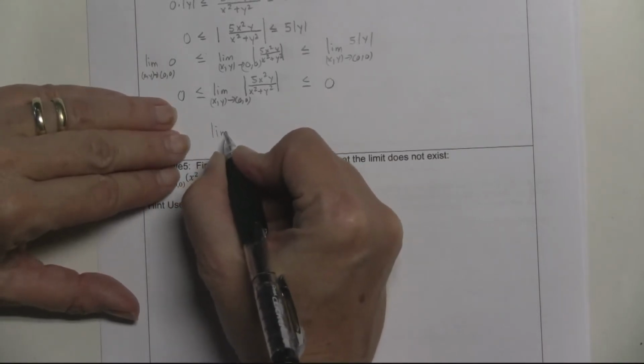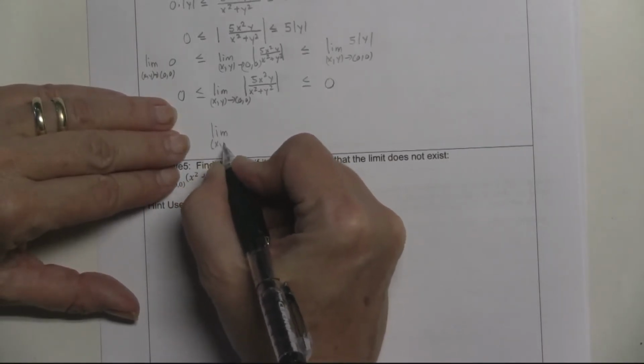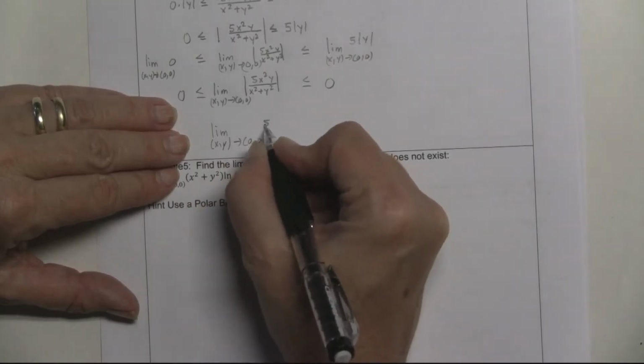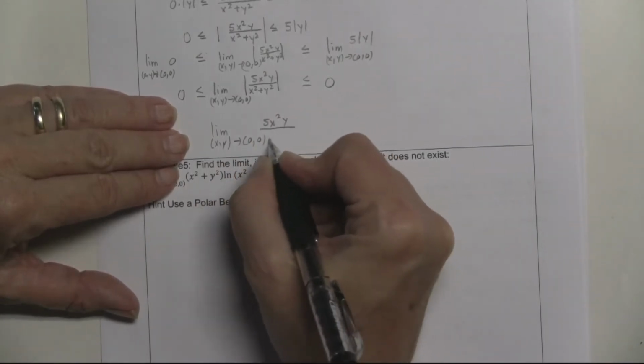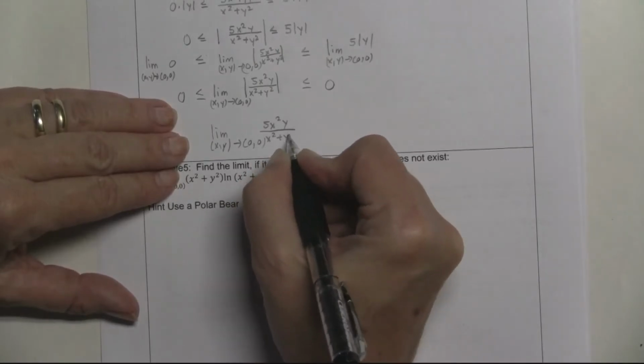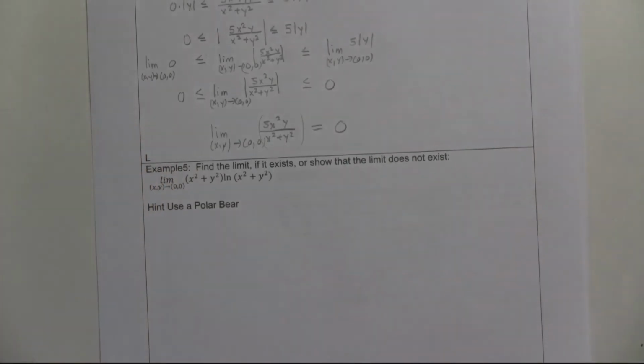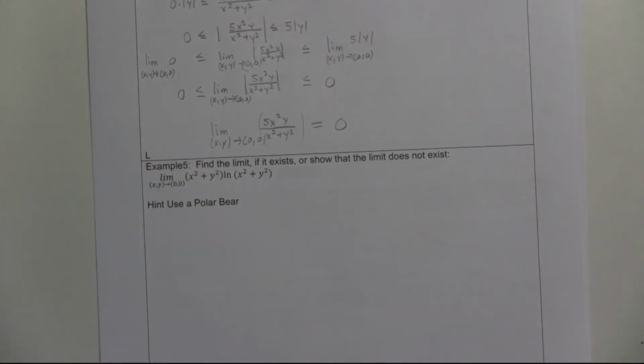And so this just shows that the limit as (x, y) goes to (0, 0) is 0. And yeah, they just kind of hand waved that in the book, and I was really broken up about that, I have to admit. I had to really wrap my head around some of the things about absolute value. So we did a lovely job on that.